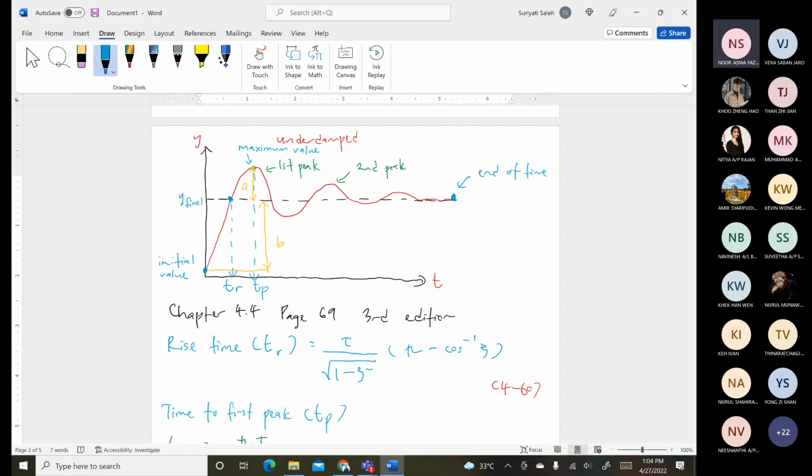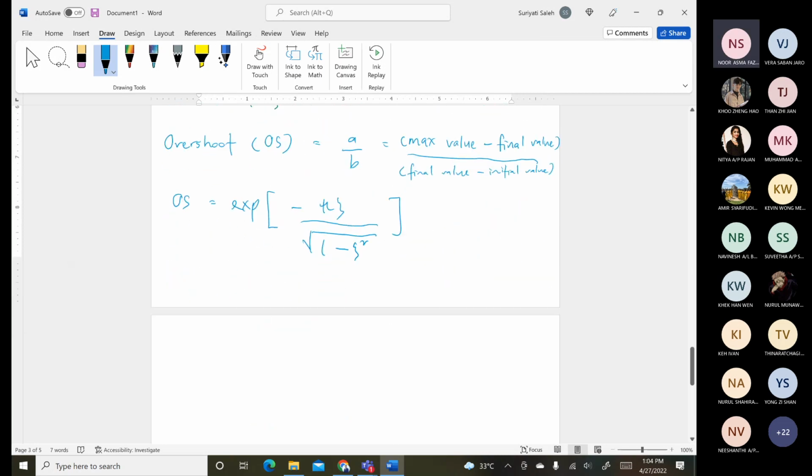Let's say from A, you get around 10 meters, and for the second peak, it's around 1 meter. So there is a drastic change in the magnitude from the height of the first peak to the second peak. To measure that, we use the decay ratio, which considers A and here C, the height of the second peak.